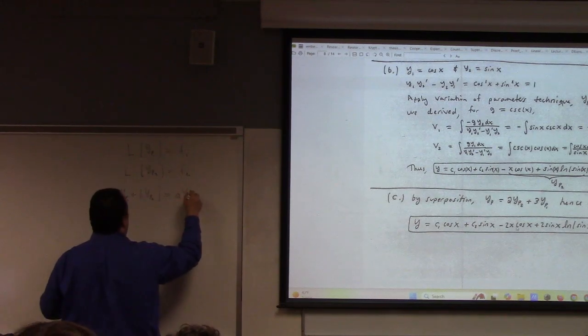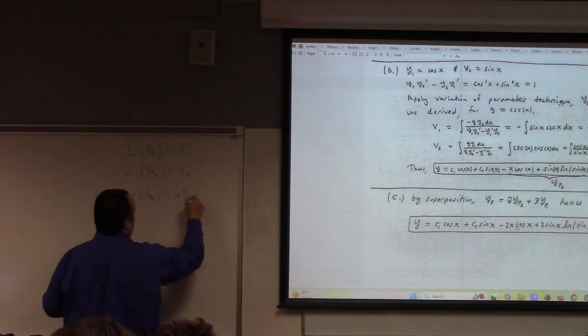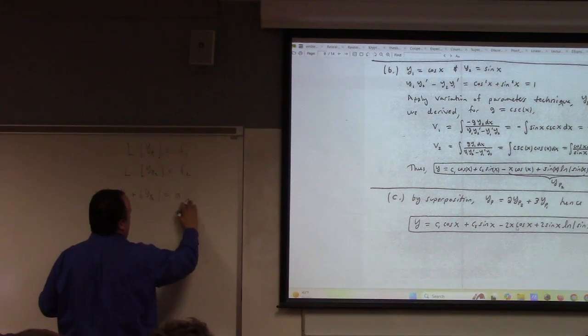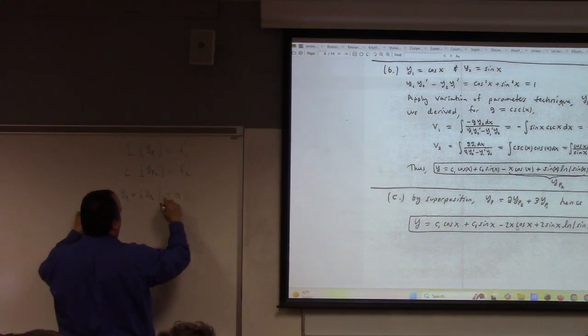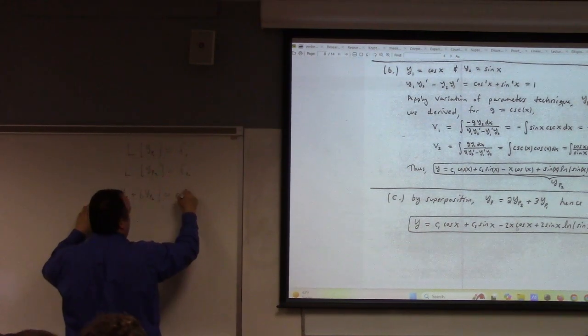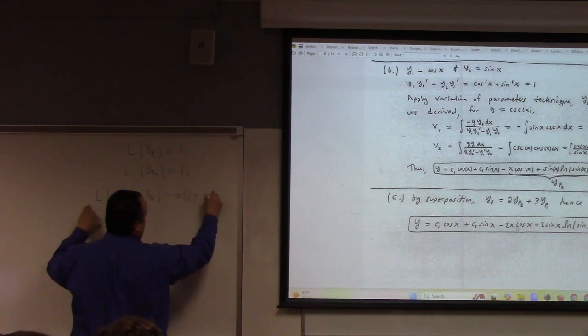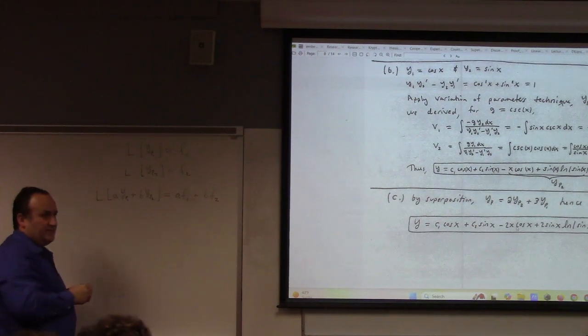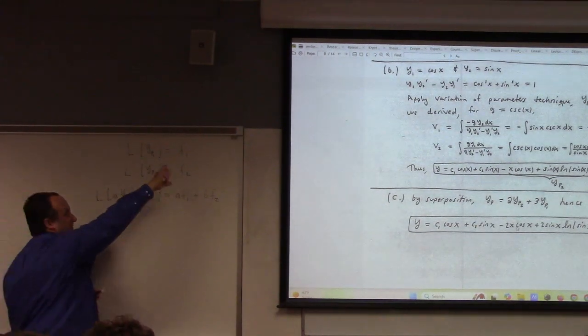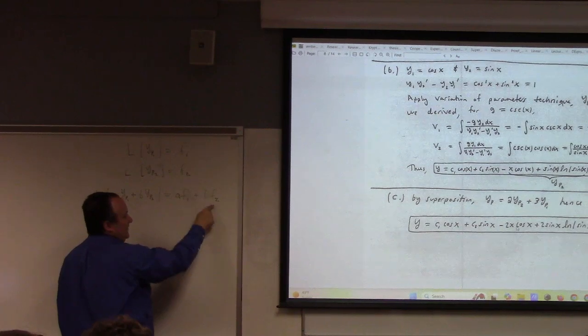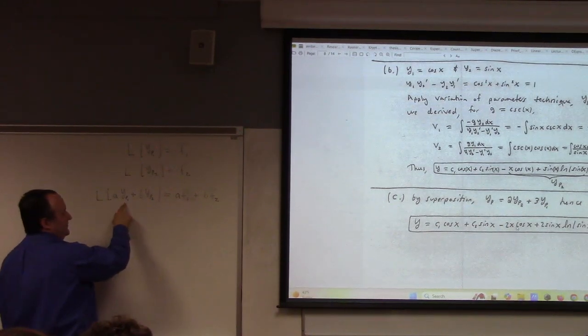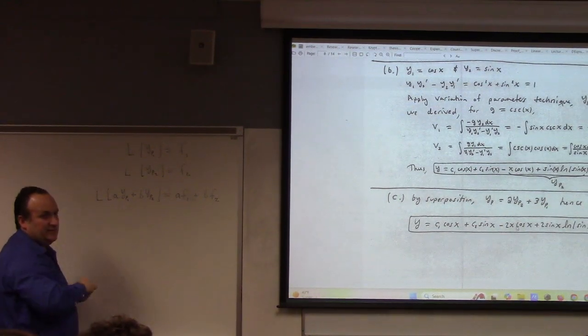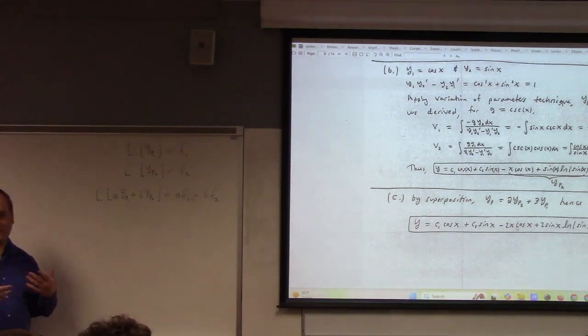This is just the method, this is the principle of superposition is what we're doing here. So since L is a linear operator, we get A times F1 plus B times F2. I won't derive it, I'll just tell you how it works. So if you know this, and you see A F1 plus B F2, then you can do A times your first solution plus B times your second solution to build the composite solution like that.